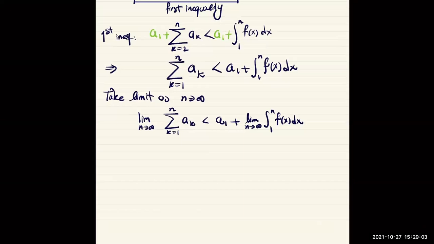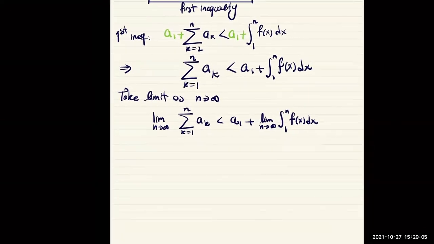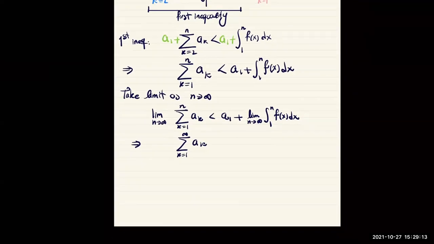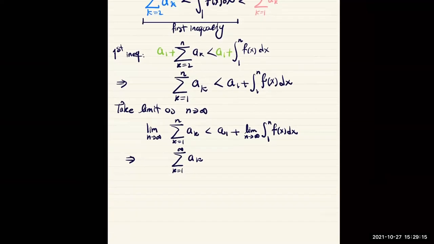So you get the series where k goes from 1 to infinity of a sub k, and that is going to be less than a1 plus, this is the definition of an improper integral, the integral from 1 to infinity of f of x dx.